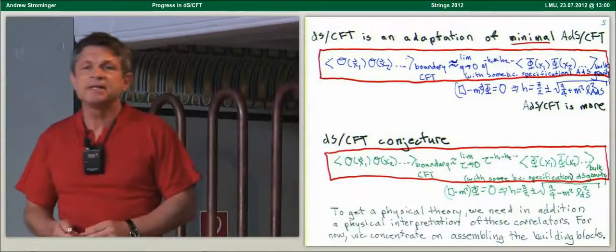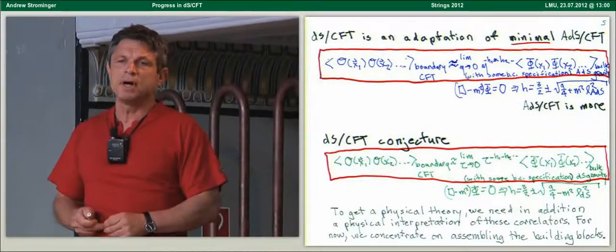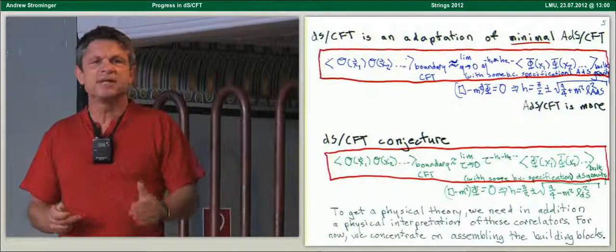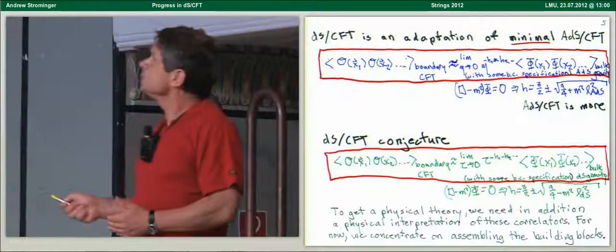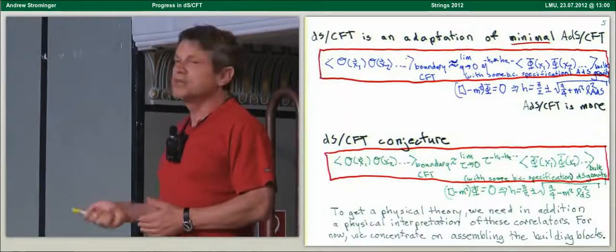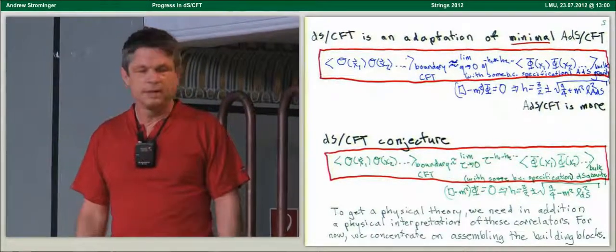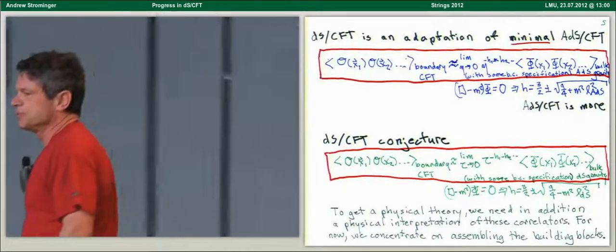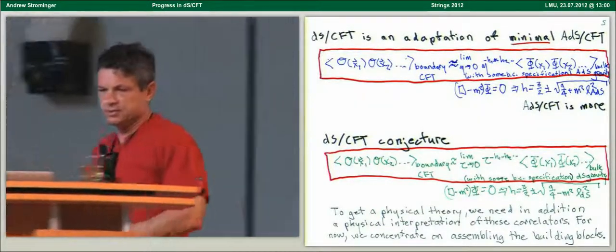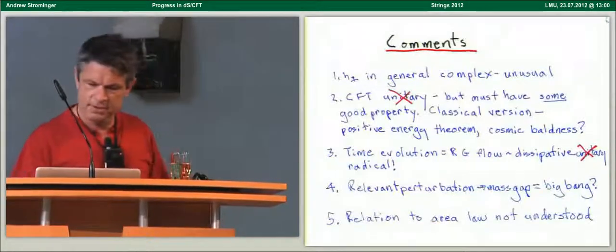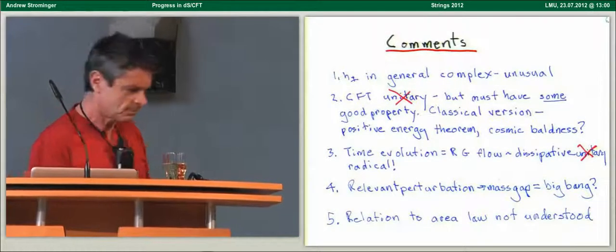And I will comment on some of those questions as we go on, but I want to emphasize that what we're doing here is really just to get the building blocks of a theory of de Sitter space, which we can then hopefully try to put together to get some kind of physical interpretation.